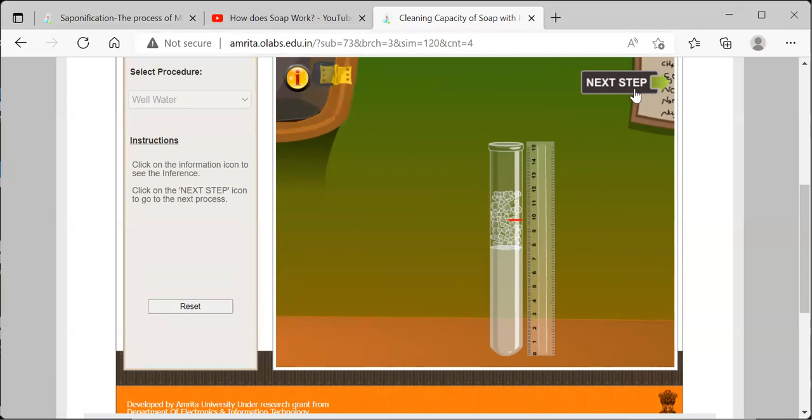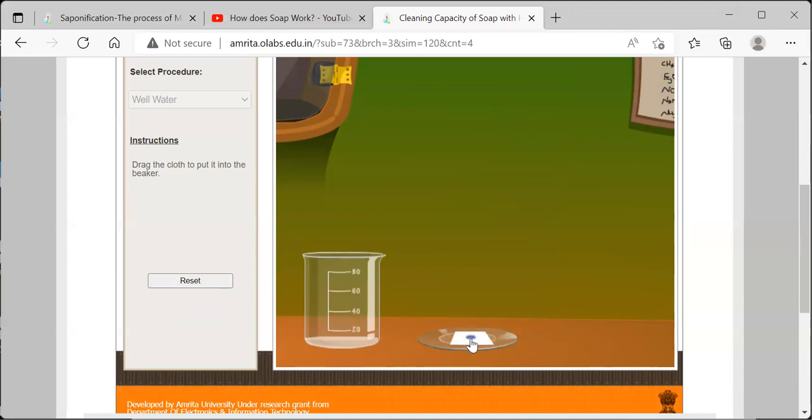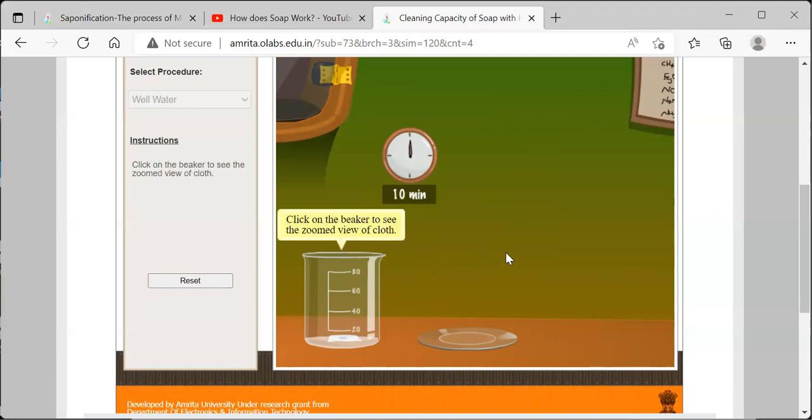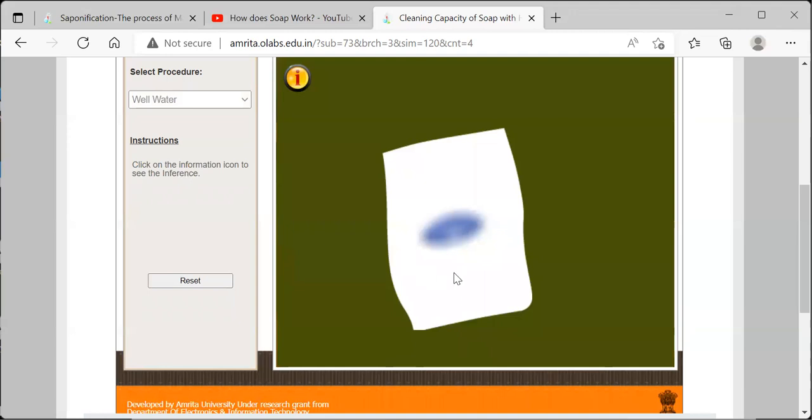Lastly, we're going to put the piece of cloth that has been soiled or stained, and we're going to look at the cleaning capacity of a soap when it's placed in hard water. As you can see, the stain is still present there.